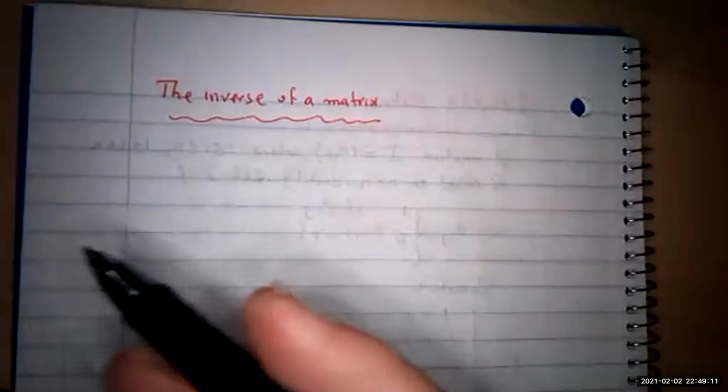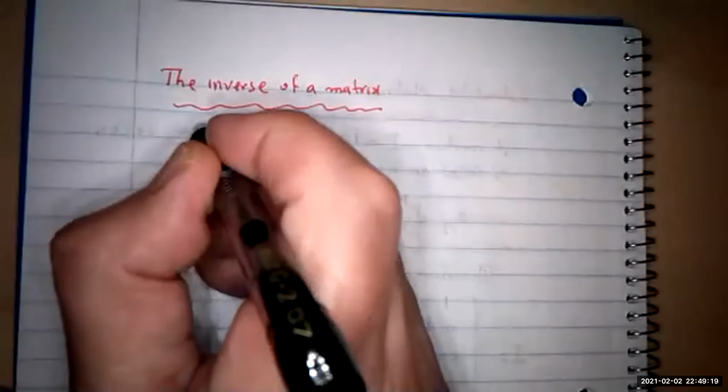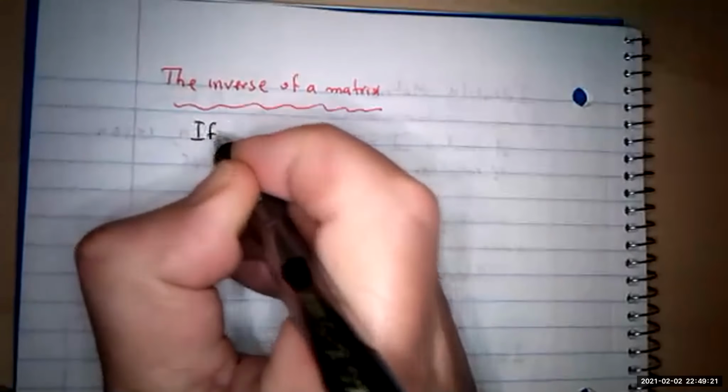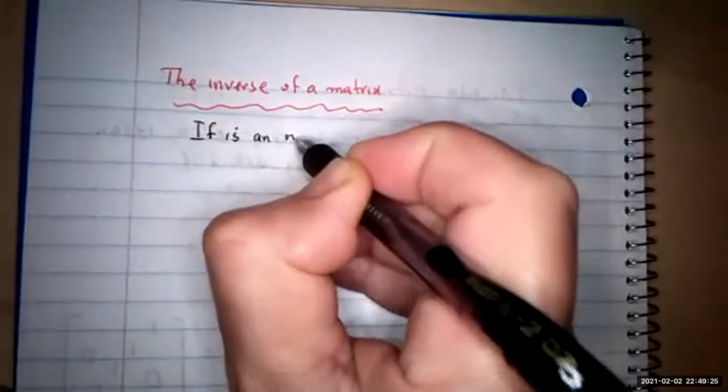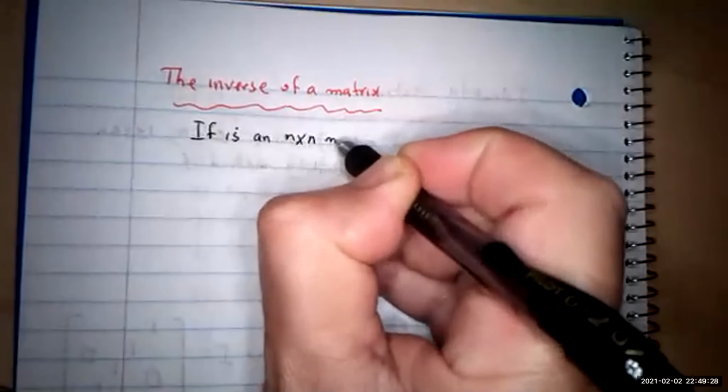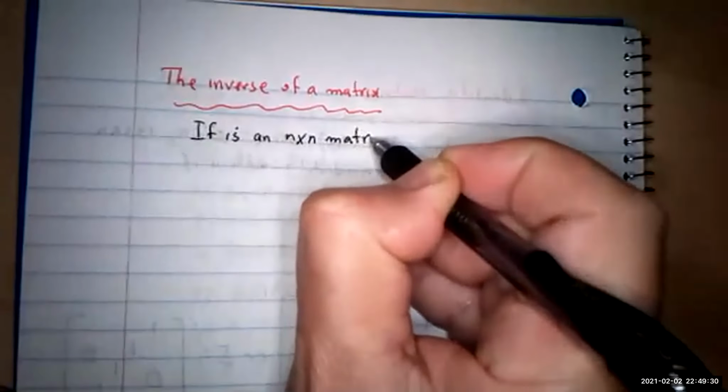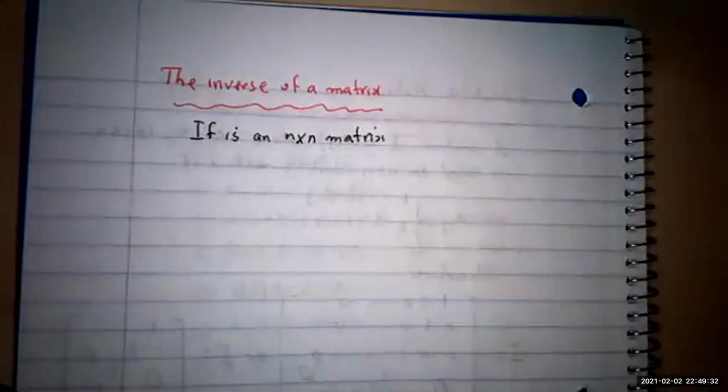We have to have a square matrix to define this. So if A is an n by n matrix, it must be a square matrix.